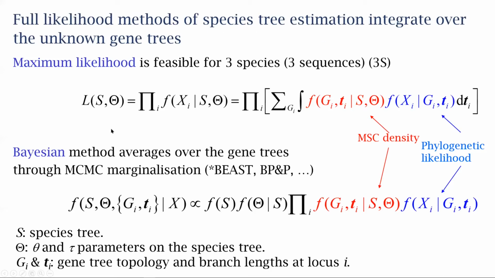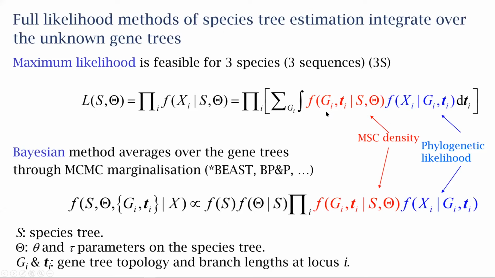The main thing is that you have to average over all the possible gene trees, both topology and times, because the gene trees are not observed. So you get this likelihood term, the probability of the alignments for the different loci, represented by I, given the species tree, and big theta includes these two sets of parameters.